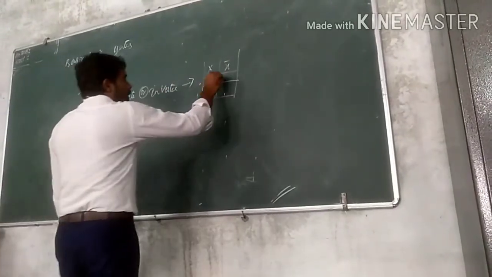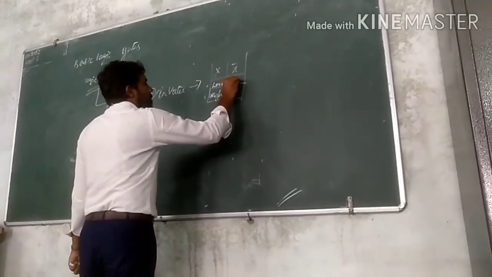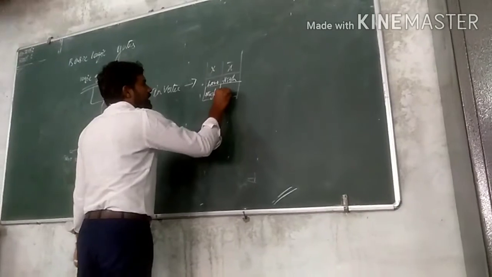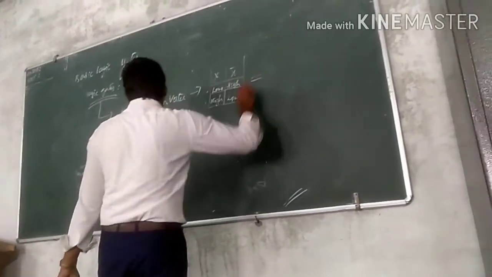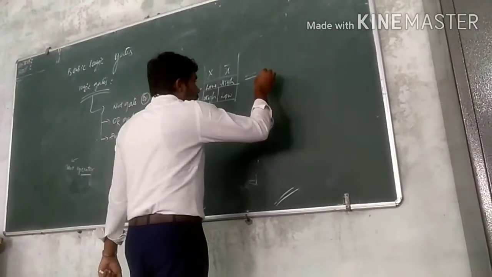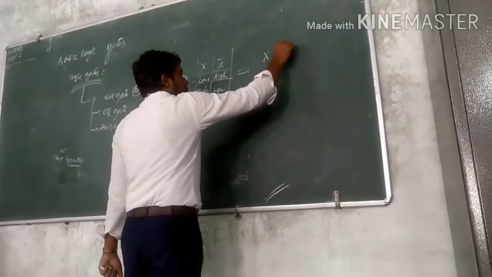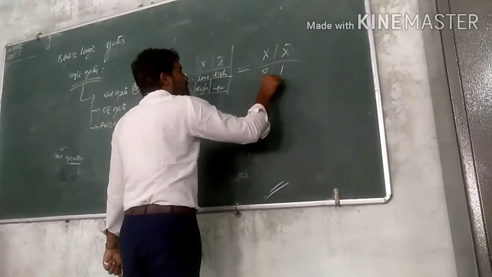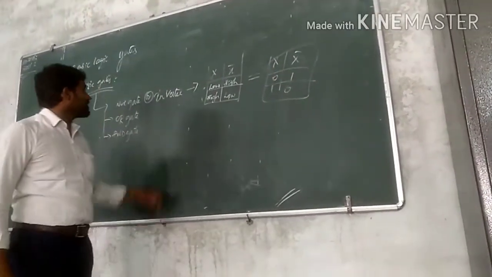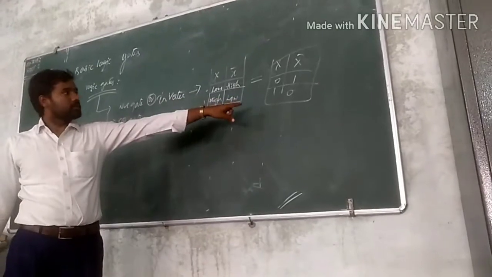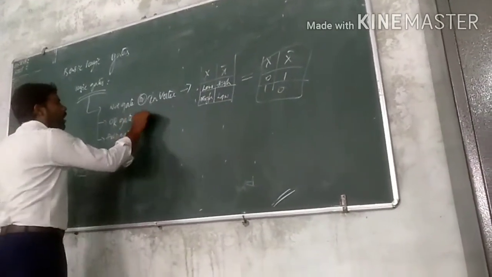So if it is low, then it must be high. If it is high, then it must be low. So this can be written as 0 1, 1 0. This is the way of writing a logic gate truth table. So next, OR gate.